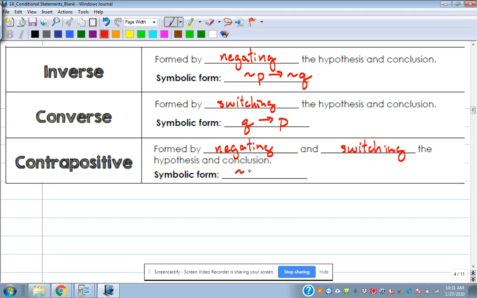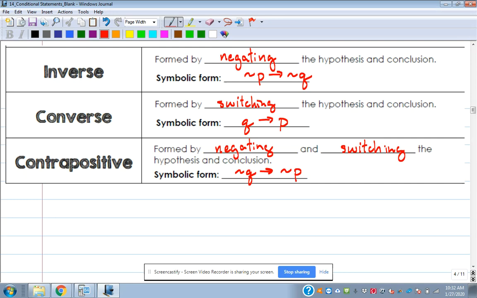So it'd be not Q implies not P. So the contrapositive is the converse of the inverse, or the inverse of the converse, whichever way you want to talk about it. So inverse, negate both statements. Converse, swap the order. Contrapositive, do both, inverse and converse.